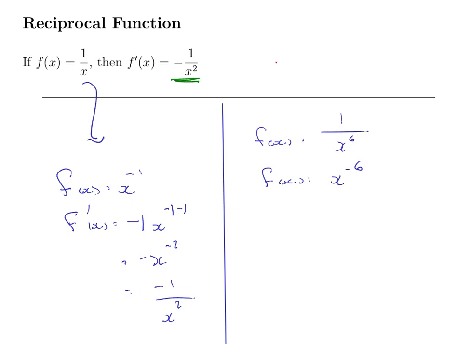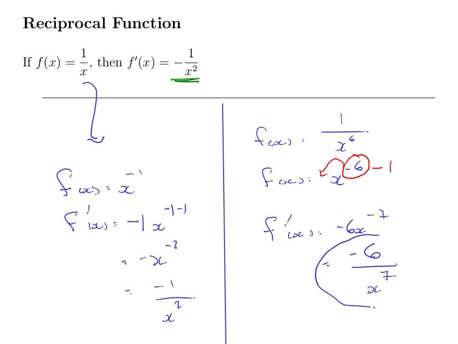And now we can do the power rule where we take this exponent, make it the coefficient, and subtract 1. So the derivative of this function is negative 6x to the negative 7. Or, if you'd rather, it's negative 6 over x to the 7. So we can do the power rule on lots of different things.